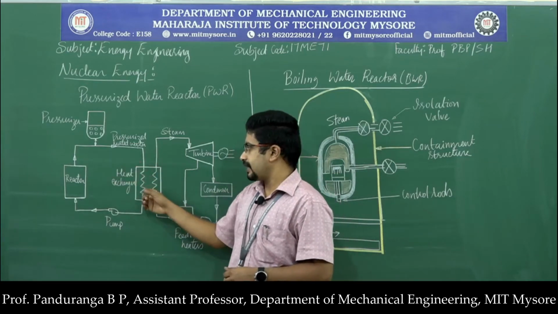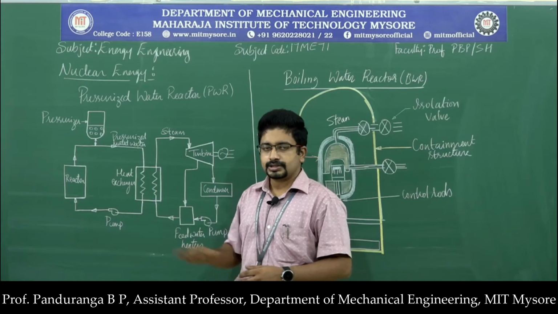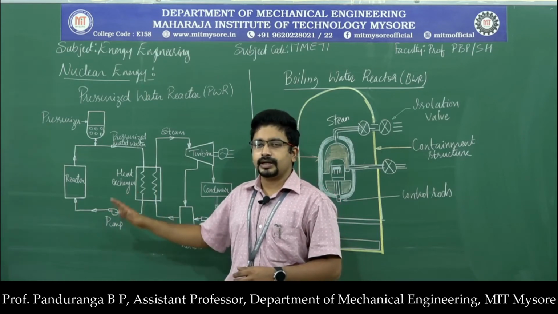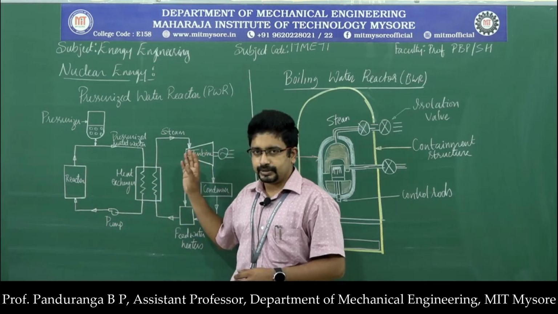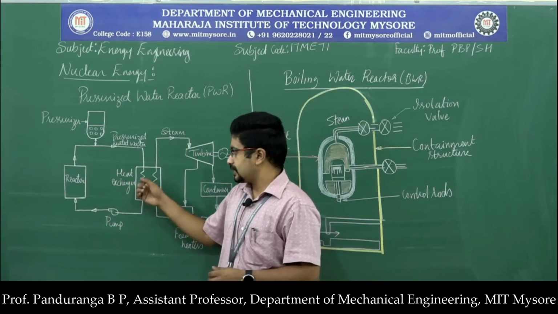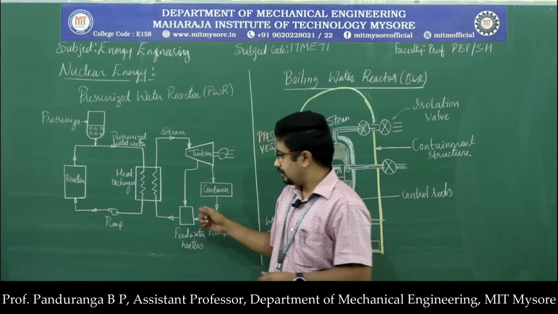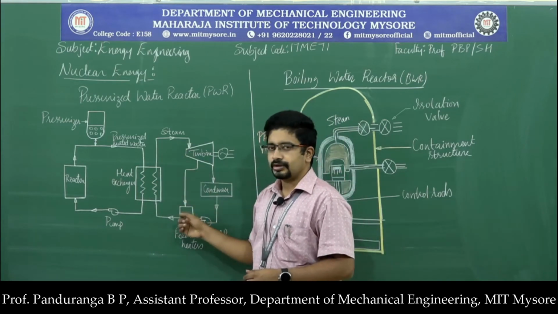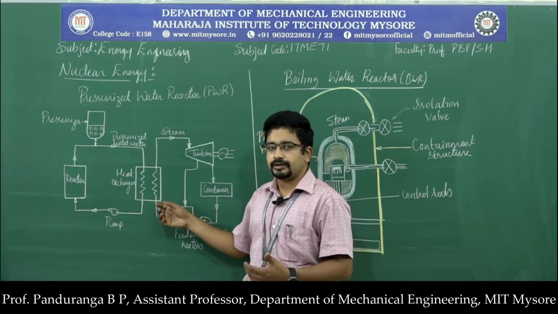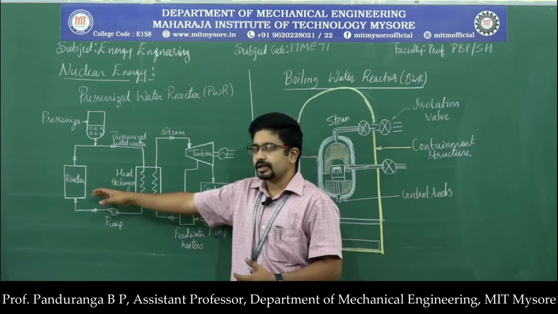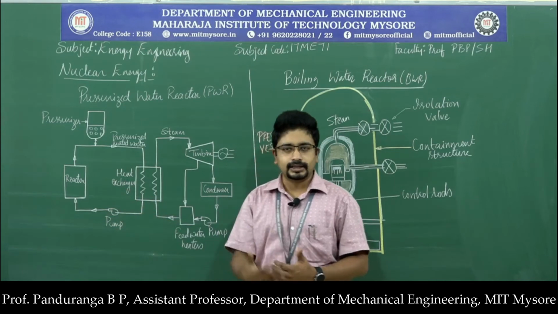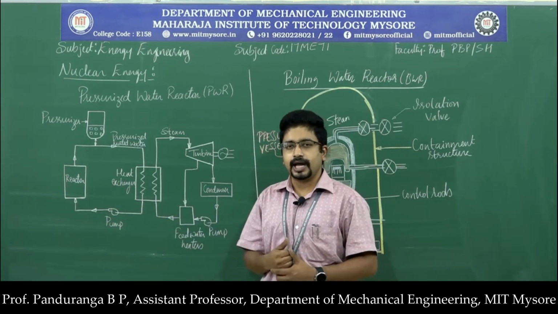After the pressurizer, we have the heat exchanger. Here we are not directly passing the water coming out of the reactor through the turbine. For that purpose we are using a heat exchanger. The water in the primary loop enters the reactor core, so it becomes radioactive.